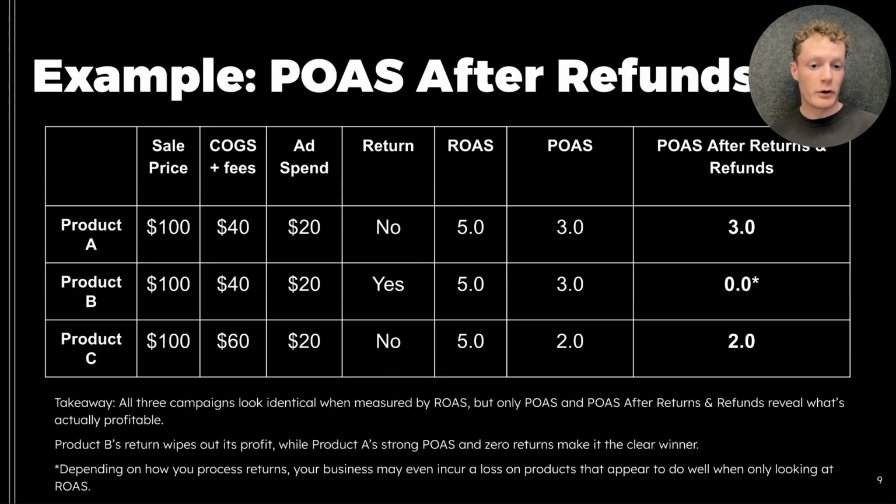As we'll see with product B, it's not generated any profit, and not only that, it's more than likely cost the business money when you take into account costs of receiving and handling the order, as well as maybe the business offers free shipping for returns and additional costs they've incurred in that case. All of this adds up. It costs the business's bottom line.